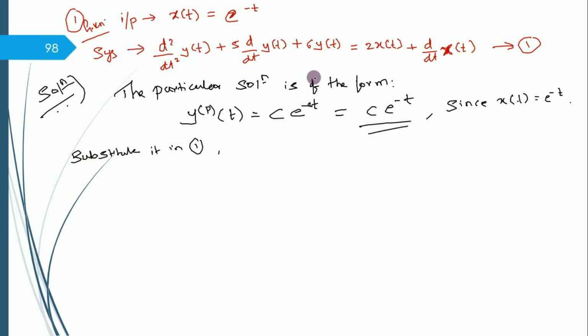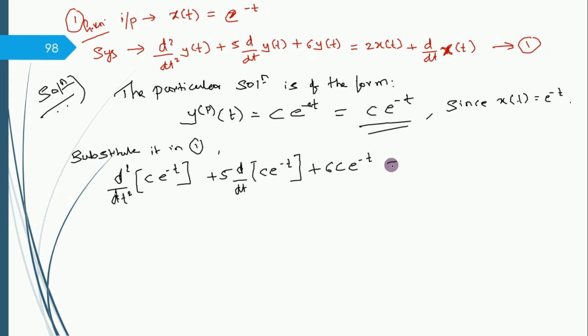By substituting it, we get d square by dt square of c into e raised to minus t, plus 5 into d by dt of c into e raised to minus t, plus 6 times c into e raised to minus t, equal to 2 into x of t, which is e raised to minus t, plus d by dt of e raised to minus t. So this is what we get after substitution.